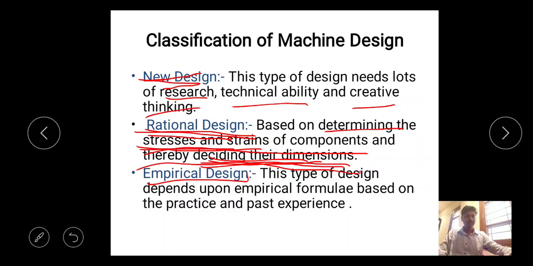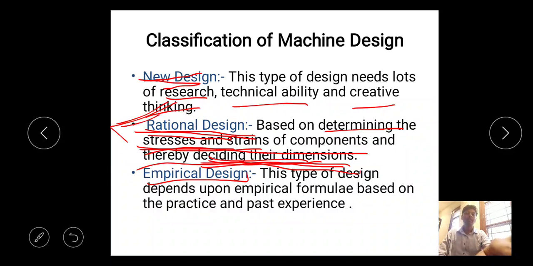If the design is based on the stress and strain on that component in an industry, then such type of design is called rational design. Rational is nothing but by seeing the stress and strain you are designing. If 400 is there, below that 400 you have to design.